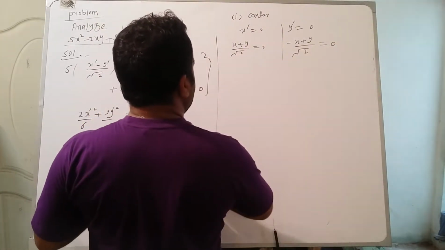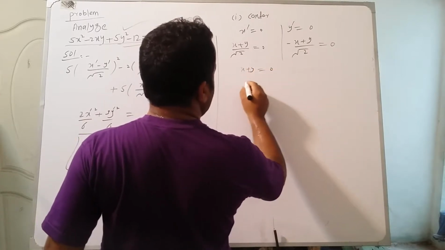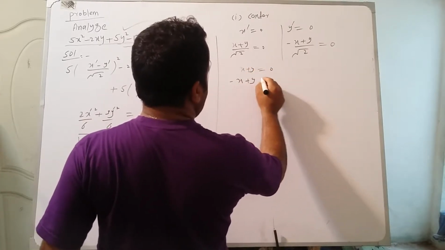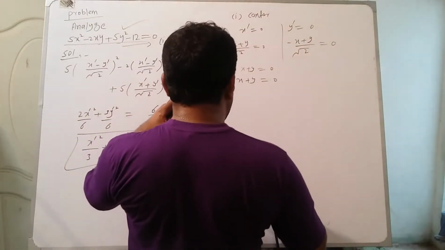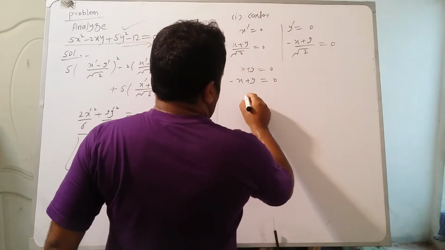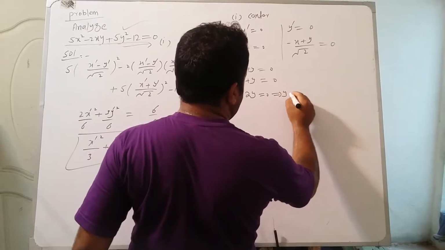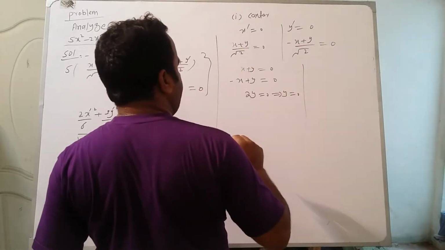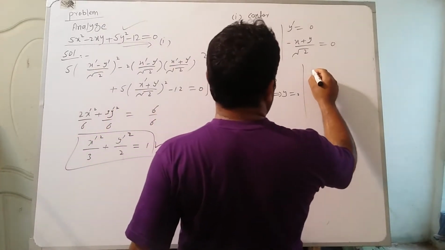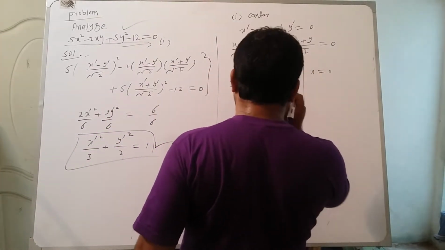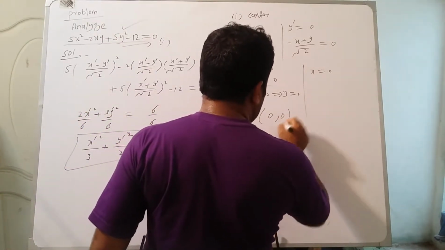So these two equations are x plus y is equal to 0 and minus x plus y is equal to 0. So what will be the center? After adding, 2y is equal to 0, which implies y is equal to 0, so x is equal to 0. So the center is 0, 0.